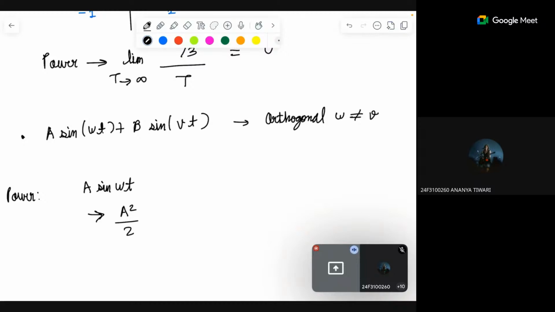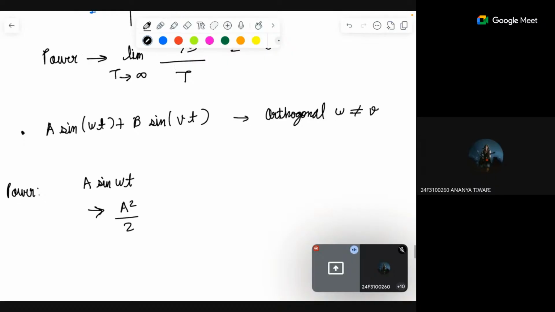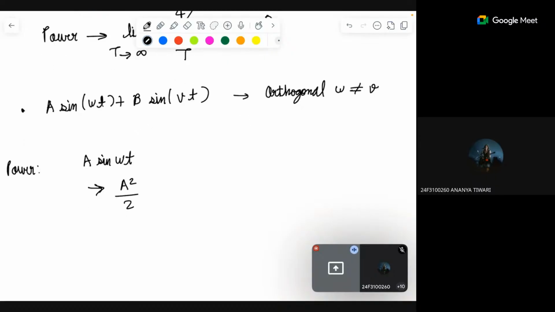It is a result. You should remember that if you have any sinusoid, you take the amplitude, square it, and divide by 2. That will be the power of the sinusoid. And if I shift this sinusoid, my power will not change. Even if I change the frequency, my power will not change.